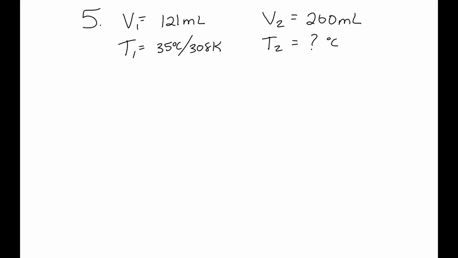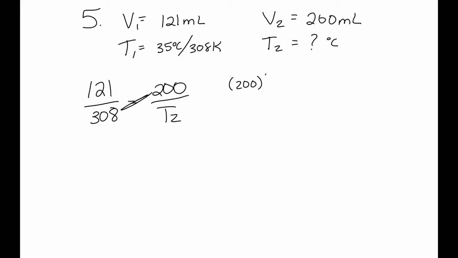Okay, so this is, of course, Charles' law. So we're going to do 121 over 308 equals 200 over T2. Cross multiply and divide. So you get 200 times, now remember, you don't have to write this part, I'm just doing it to show you.